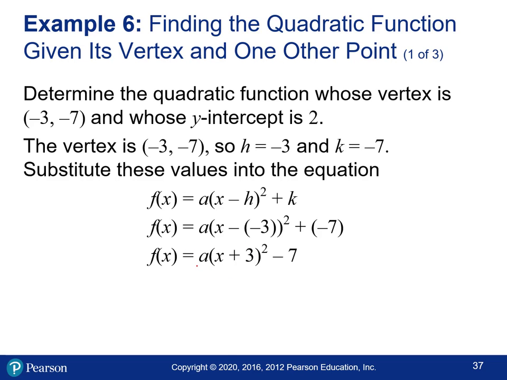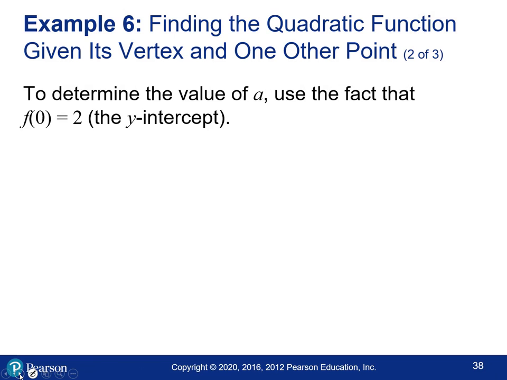Notice we're almost done. The only thing left to find after you plug in the vertex is this number a, and that is why you need another point. For us, the other point is given as the y-intercept, and you're going to use the y-intercept to find the value of a. We're told it's the y-intercept, but we know anytime we're finding a y-intercept, it's because x is 0.